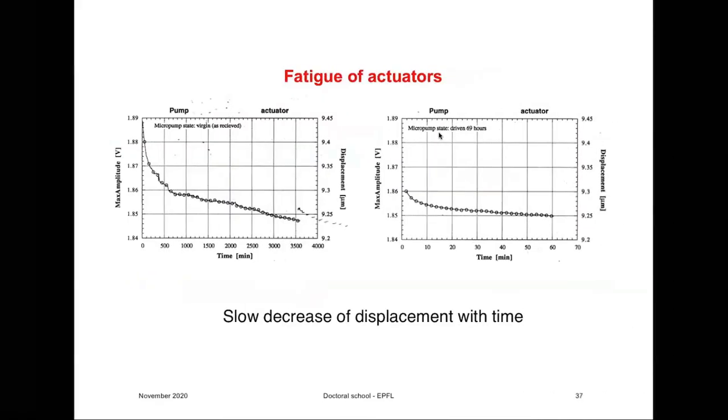What you observe is that the maximum displacement drops down with time. If you stop using it and then continue the next day, you see that there is a little bit of recovery, and then the dropping continues, but at a lower rate. And troubleshooting of this thing is very difficult.